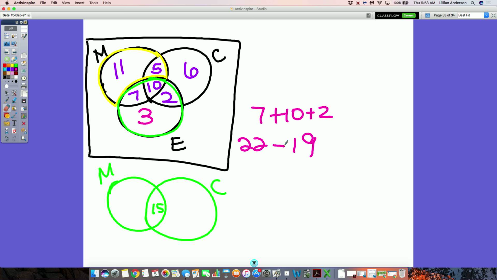And then you're asked to find the number of students who study none of these 3 subjects, because if you add up the purple and include the pink, that doesn't give you 100 students, which means that some students did not take any of these 3 subjects.